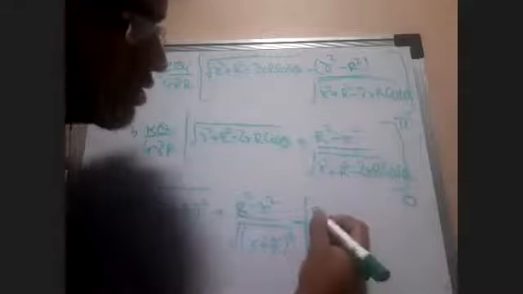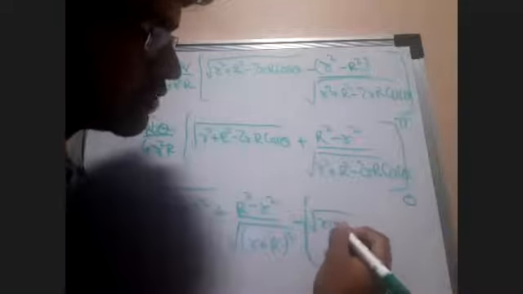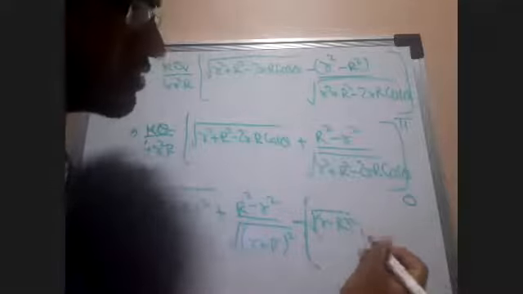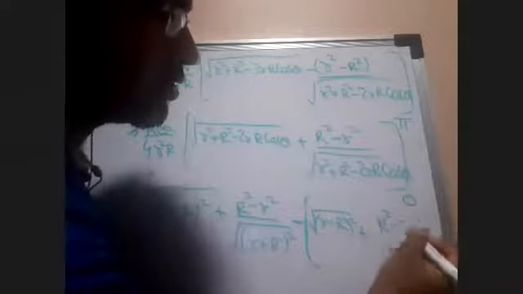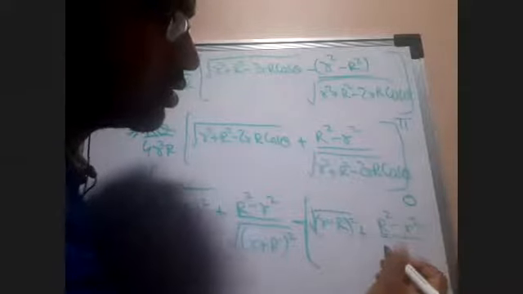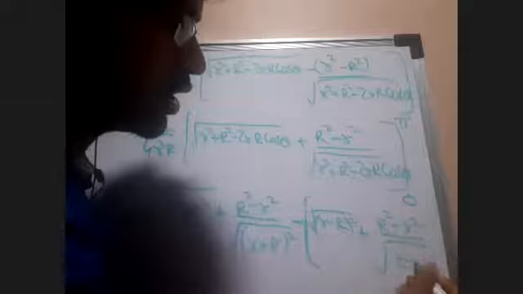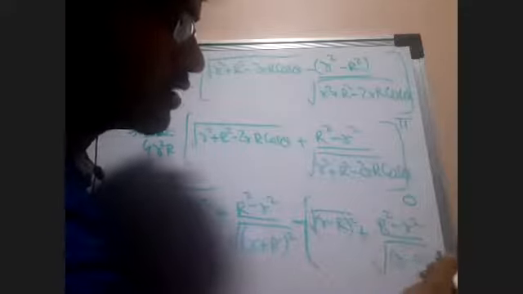So I will write that root of r minus capital R whole square, plus you put 0 away, it's the same thing. So I will just write R square minus r square upon root of r minus R whole square. The bracket. Is this visible?